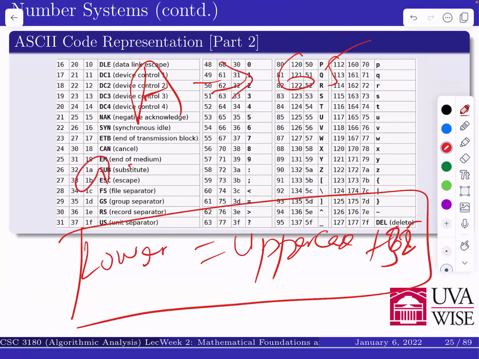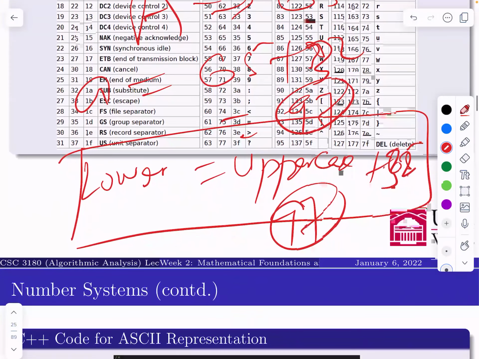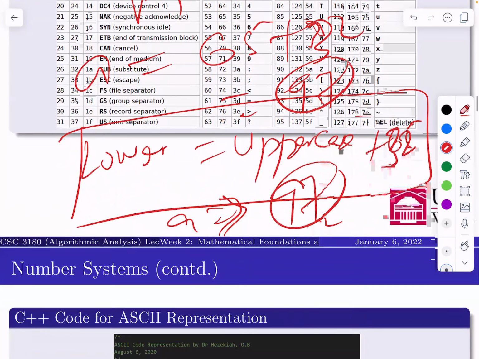So lowercase a is going to be 65 plus 32, which is 97. So lowercase a is coded as what? 97 in the computer, in ASCII code, but internally, lowercase a is coded as 97 to base 2. Okay.